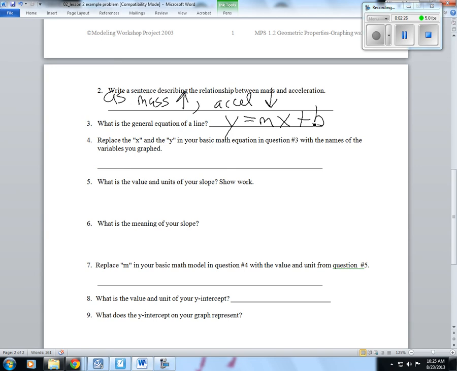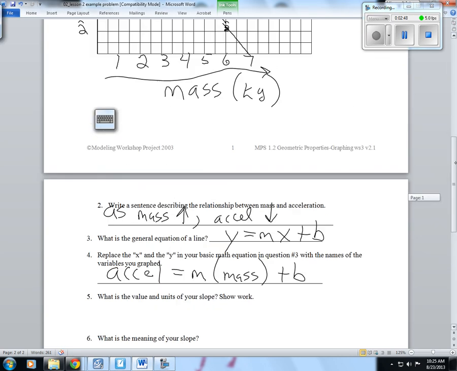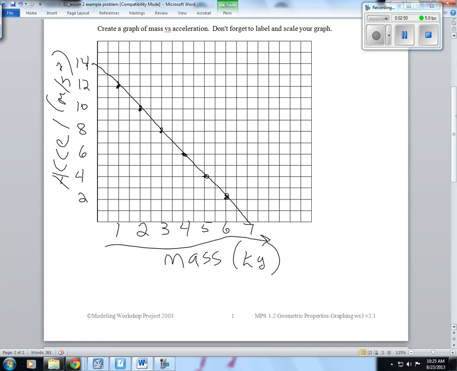On the y-axis, we had acceleration. I'll just shorten it to accel, equals m times mass plus b. Okay, it says, what is the value in units of the slope? Let's go back here and do our calculation. In this situation, we're not going up now, we're going down.